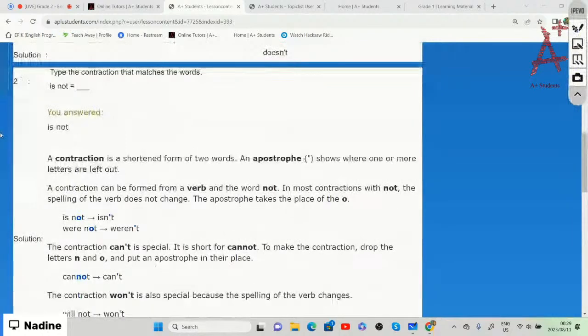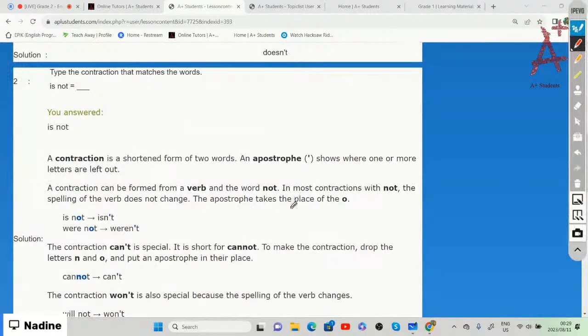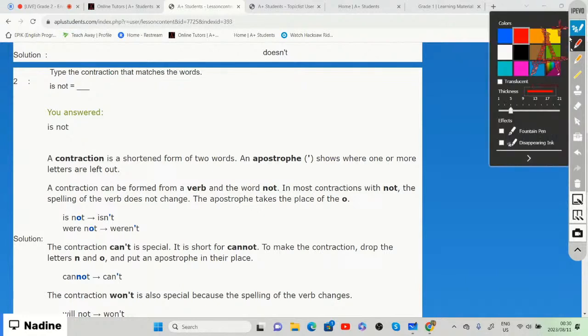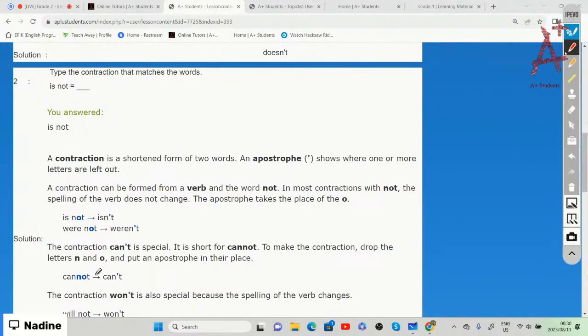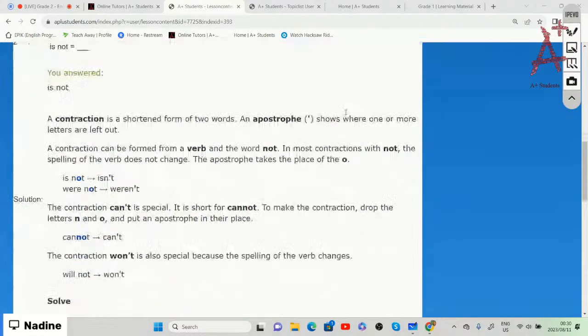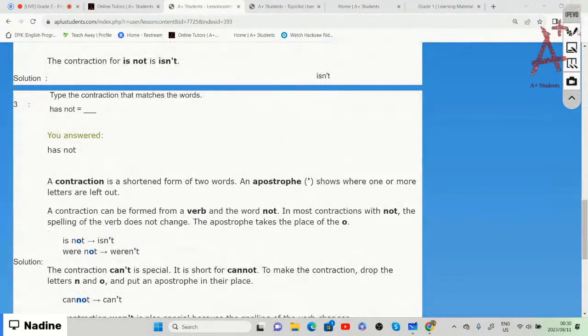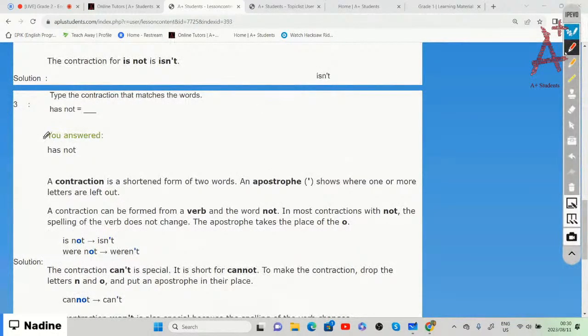Is not. We need to type the contraction of the word is not. If we type the contraction, we will say isn't, and we put the apostrophe in place of the O that we left out. Then we have has not.